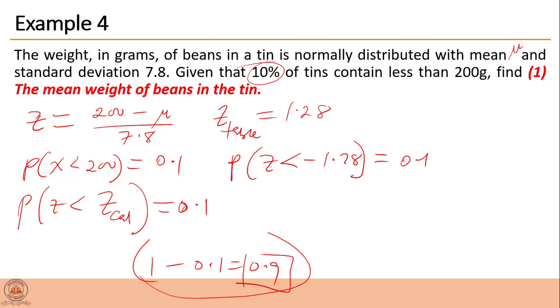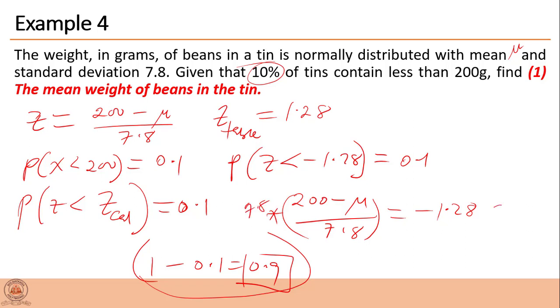So again, (200 minus mu) all over 7.8 is the z value that we have just read in the table, and that is equivalent to negative 1.28. Let's do the mathematics. Multiply here 7.8, do the same thing to the right side, 7.8, and then you make mu the subject.